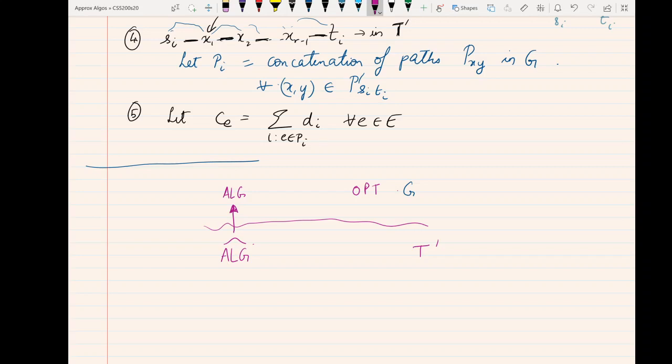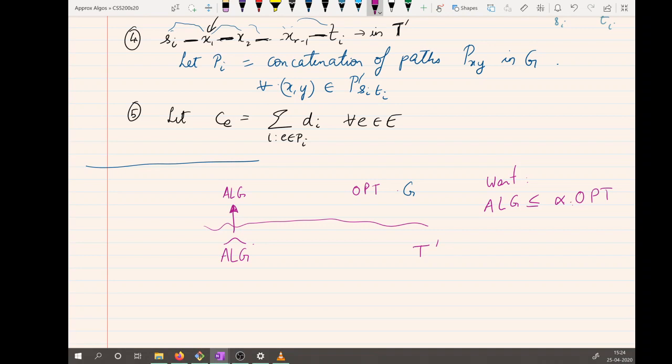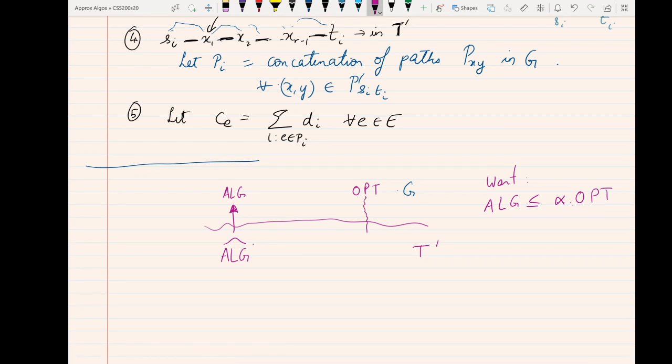Now what we want is that algorithm is less than something times opt in G. What we would like to show in order to do that is to somehow map the solution opt in G to some solution.